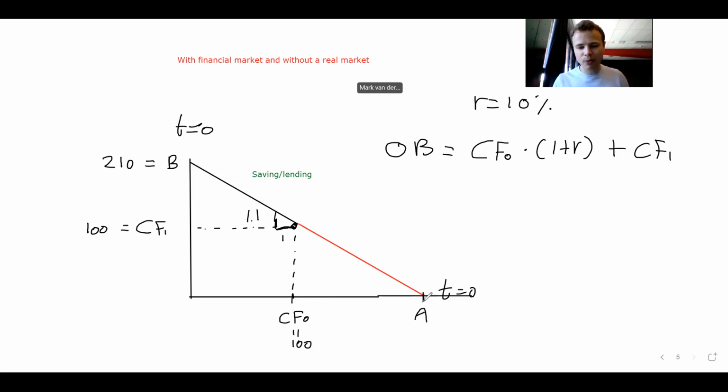And the question is now, what is the maximum amount I can consume today? So what is the OA, the origin all the way up to the A? And the formula is, that's just the present value of your income. So the maximum amount you can consume today is the present value of your income. So you do CF0, that's already in terms of today, so we don't need to discount the CF0, plus CF1 divided by 1 plus R.